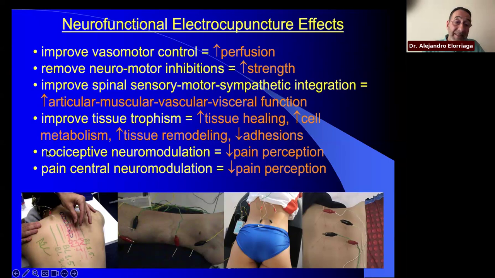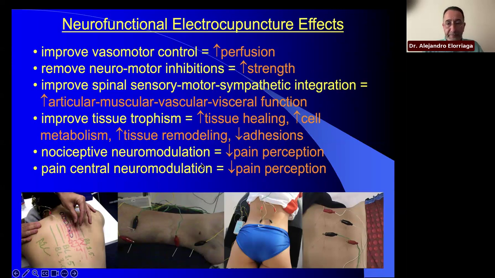That's interesting in acute situations, but beyond that, it is not really such a good strategy. It's much better to improve perfusion, restore strength, promote modulation at the segment, and improve any tissue processes that need to be helped.